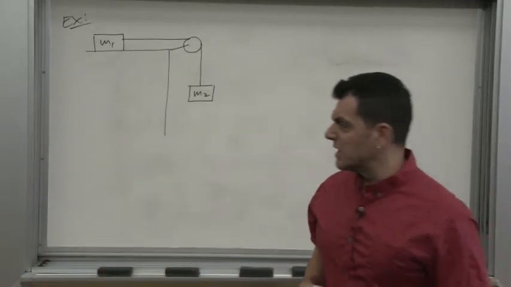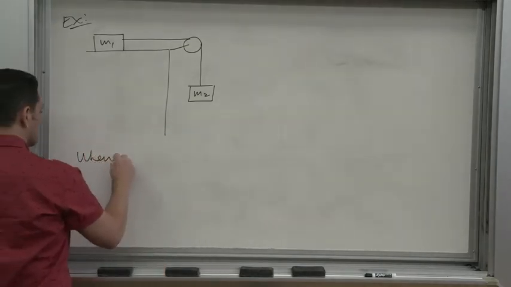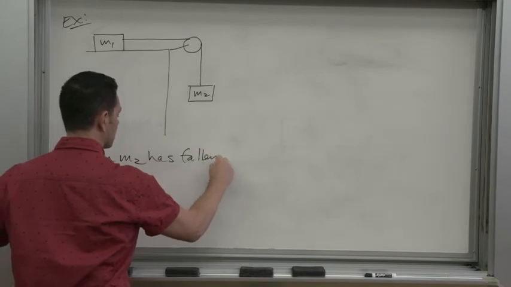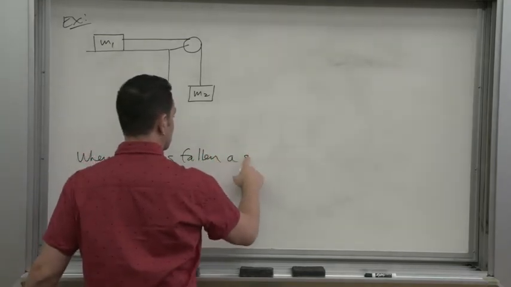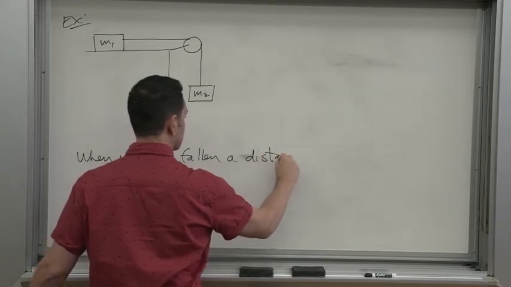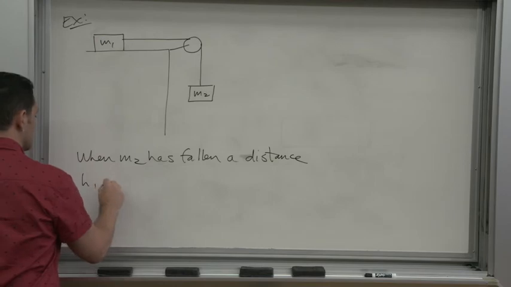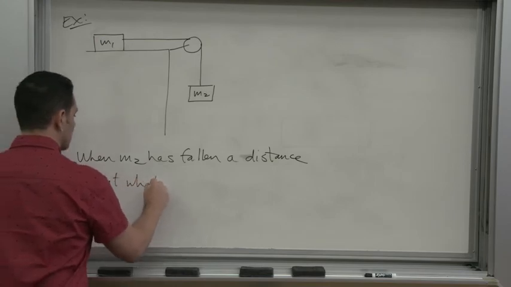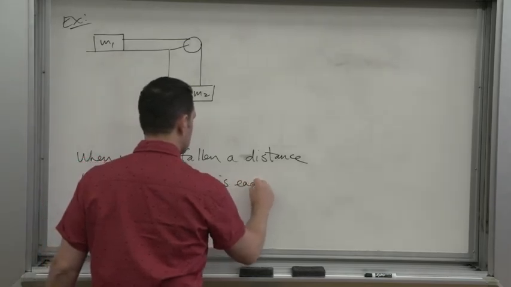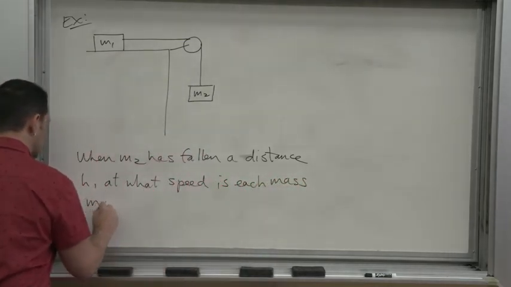And my question is, when m2 has fallen a distance h, at what speed is each mass moving?